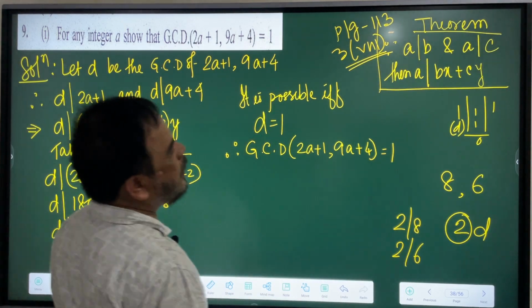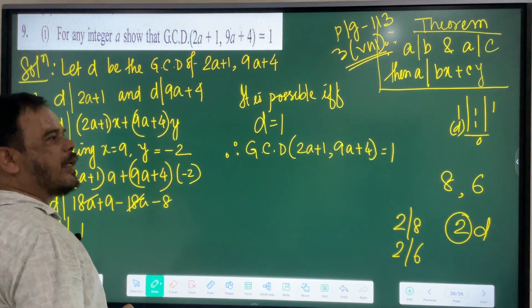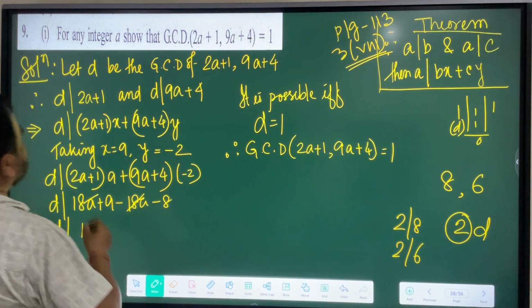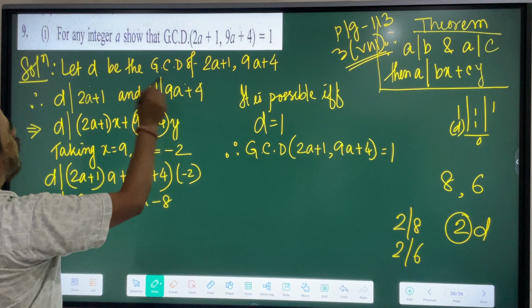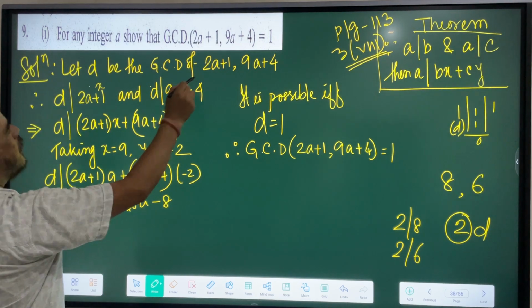So this is A divides B, A divides C, with this x comes, with this y comes.